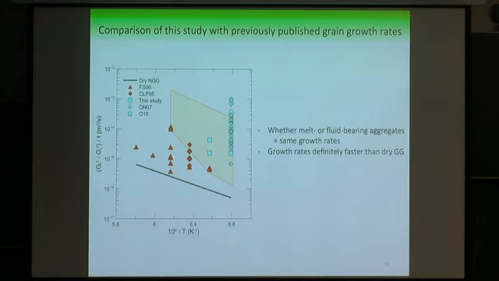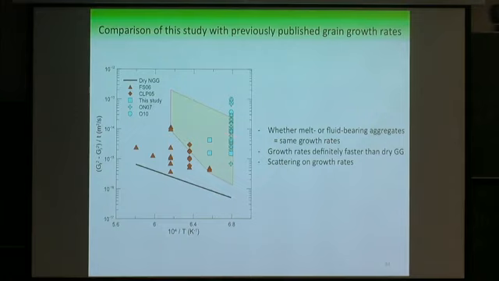The boxes here are the experiments that were H2O oversaturated in my study, and this box here corresponds to the grain sizes measured from nominally melt-free to 80% melt. So, as I've stated in the introduction, the grain growth rates, whether in melt or fluid-bearing aggregates, are faster than dry normal grain growth.